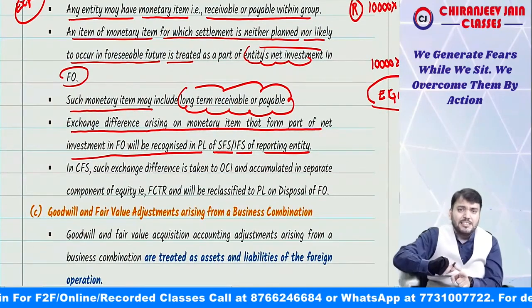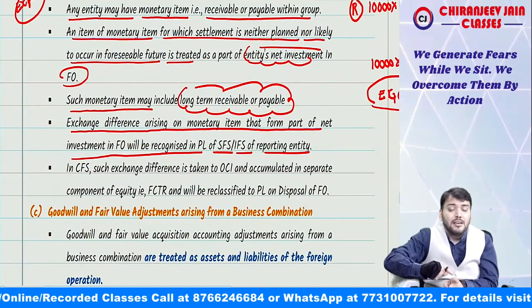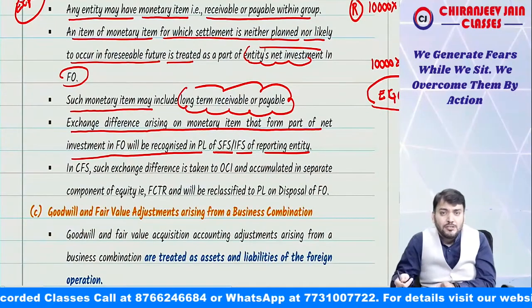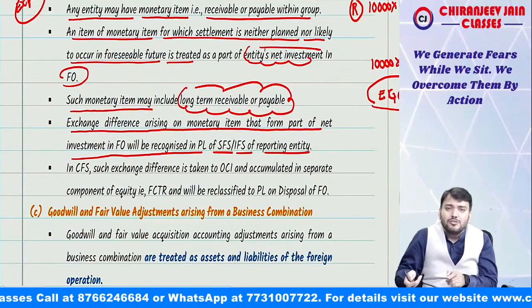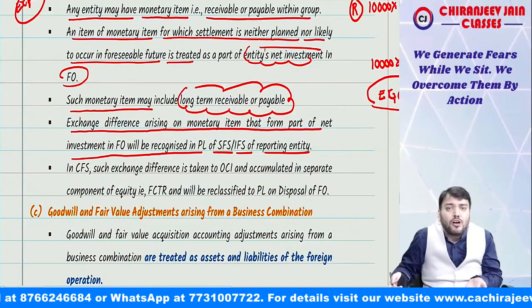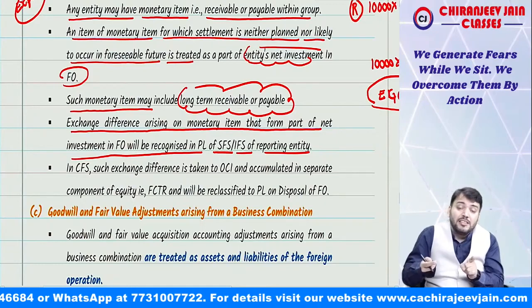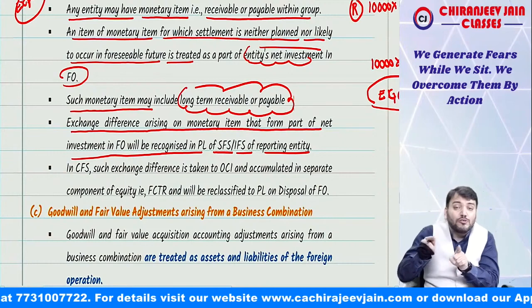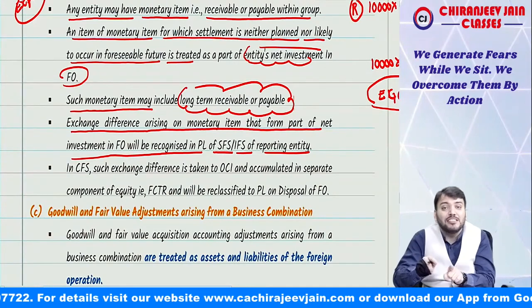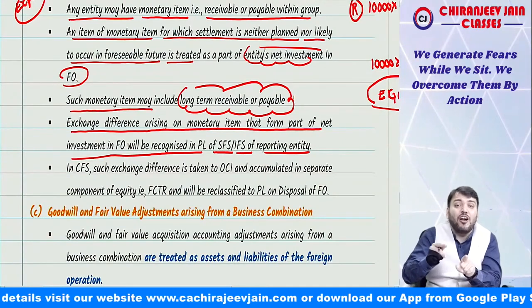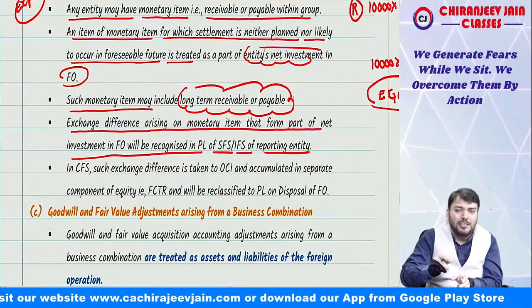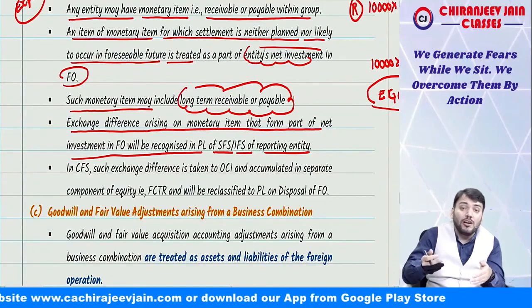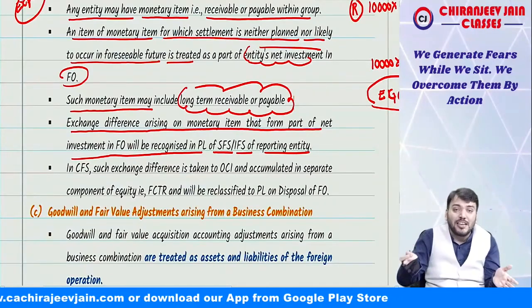If the settlement is not planned, there is no exposure to gain or loss. The parent entity or subsidiary company is exposed to gain or loss only when the transaction is settled. If the transaction is not settled, the parent company or subsidiary company is not exposed to any gain or loss on settlement.